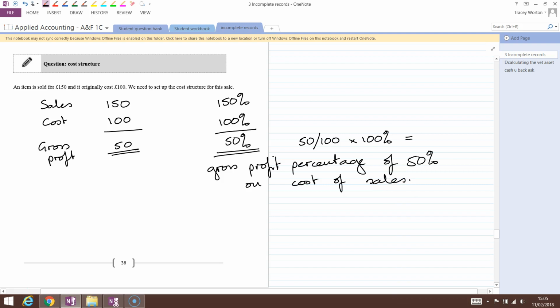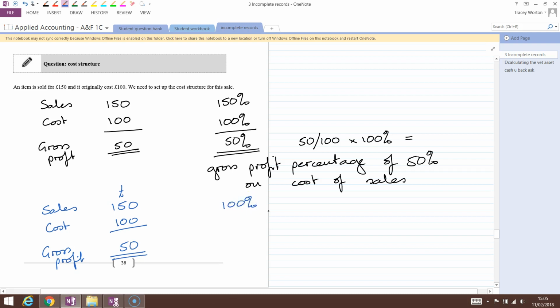So now we can look at it an alternative way, and instead of using 100% as being the cost figure, we can actually use 100% as being the revenue figure. So if we quickly redraw our cost structure, so this time we're going to make, as I said, our sales figure equal 100%.